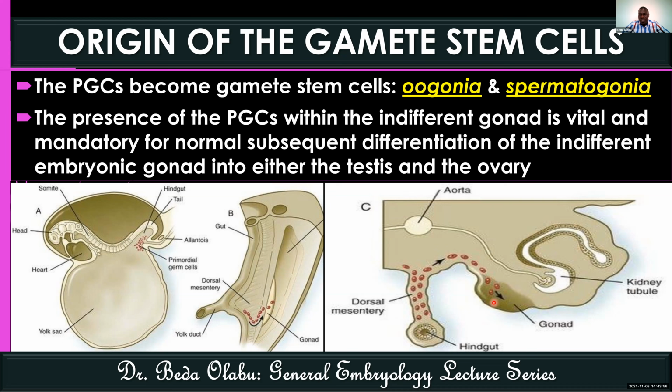Maybe that's fundamental. But if the primordial germ cells find themselves in the gonad, then fine. The gonad can either become the testis or become the ovary. I'll be asking you a question based on that, maybe next week.